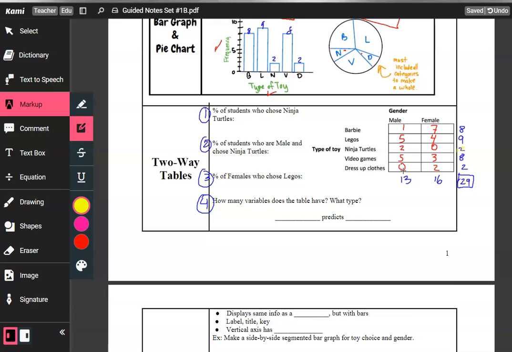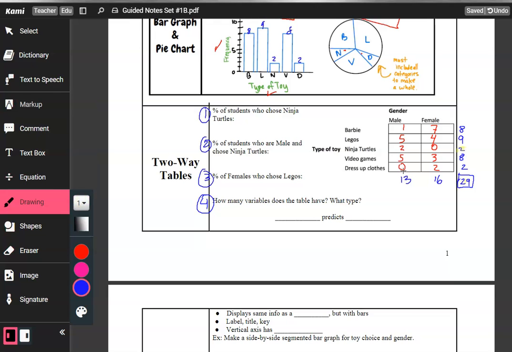Okay. So for Ninja Turtles, we want to find that percentage. This is an example of marginal relative frequency.